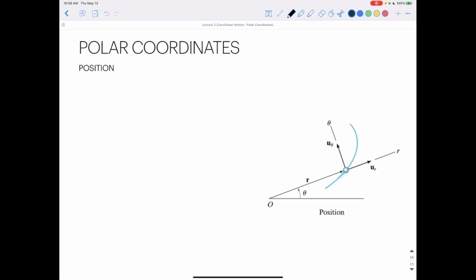So if we have our particle's path here and a particle motion, we can define our position vector, and that's r, and that's going to have some magnitude r, so a distance from the origin, and that's going to be acting in the radial direction. So we call this direction our radial direction.